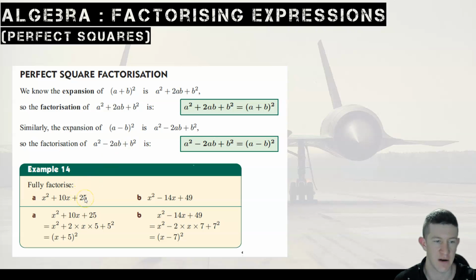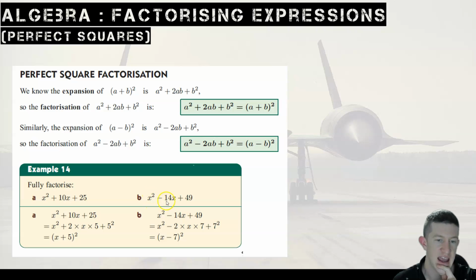So now we need to figure out what is the term that has been squared. In this case, 25 is something that can be written as an index. 25 is 5 squared, so 5 must be my second term. 5 is the b term that we saw before, so I've got an x and a 5, and then the whole thing is squared because that's the perfect square method.